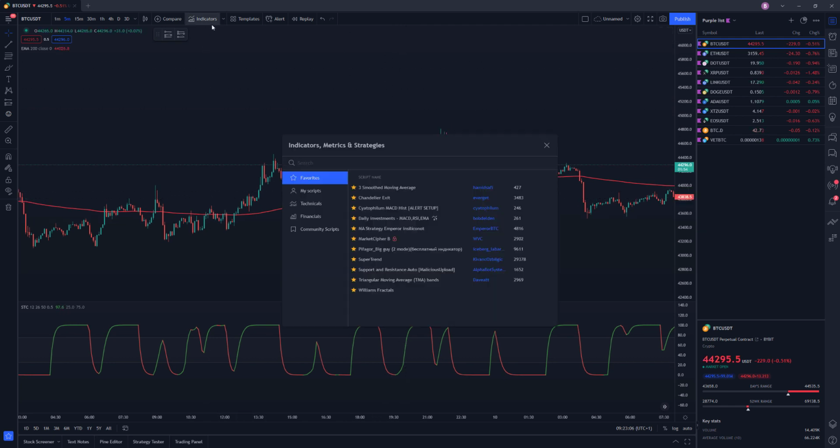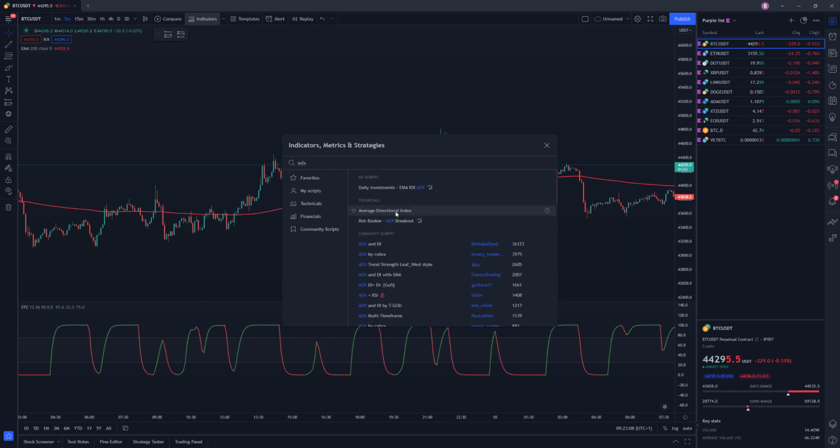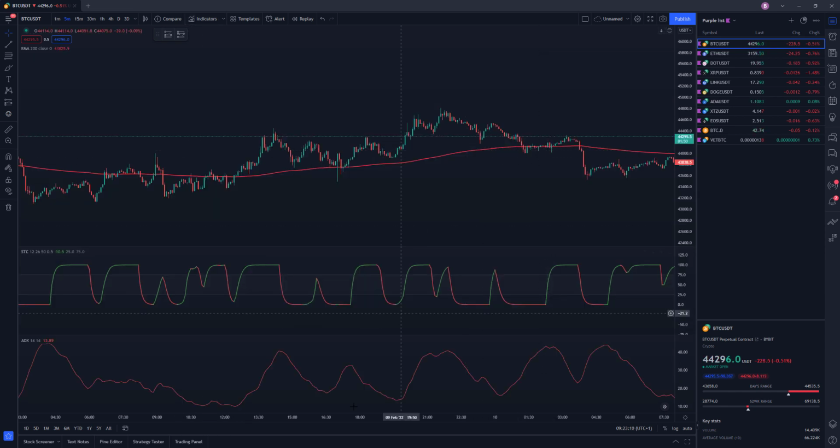So we are gonna add ADX for this, and that signals us the strength of the current trend. So we want to place an order when it's above the 20 line.